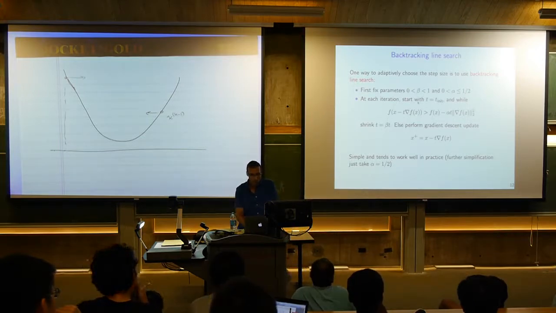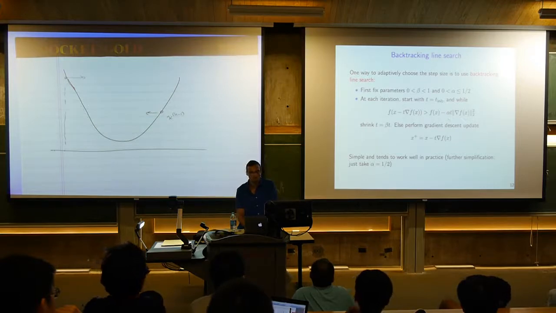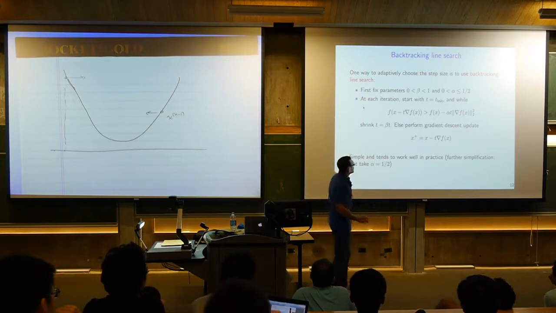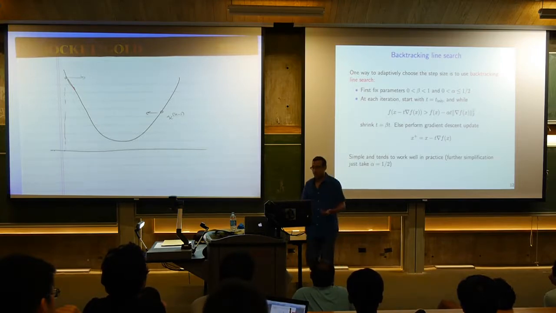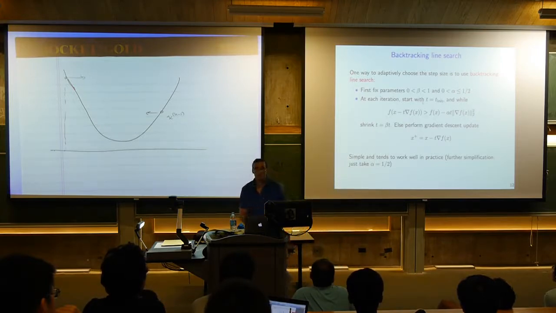At every iteration, you basically are going to check this condition. And if this condition fails, then we're going to think that the step size that we're looking at, t, is a decent step size, and we're going to continue on, take a gradient step with that step size. If this condition holds, then we're going to shrink the step size by an amount beta and recheck it.